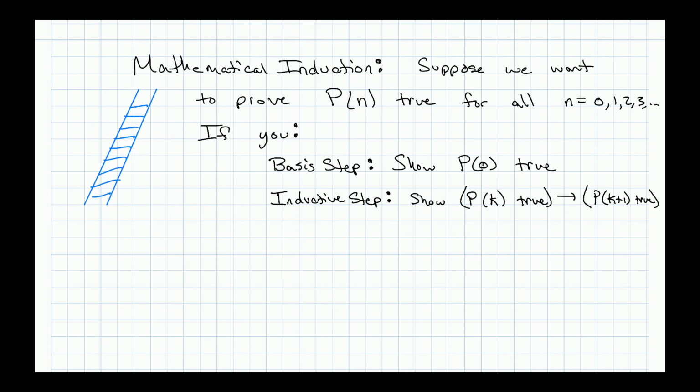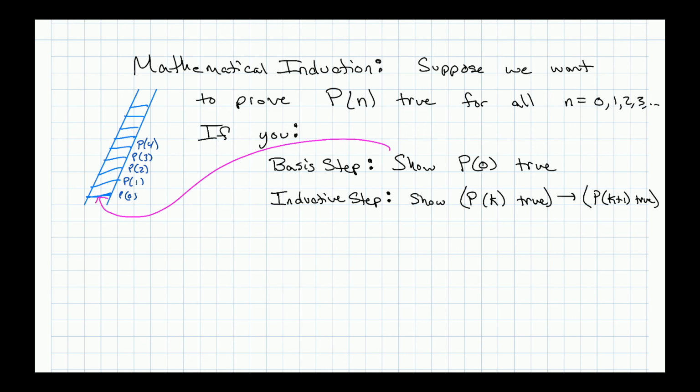The idea here is your ladder is simply like P of 0, P of 1, P of 2, P of 3, and so on, up the ladder. And so what's going to happen is the basis step is going to get you here.